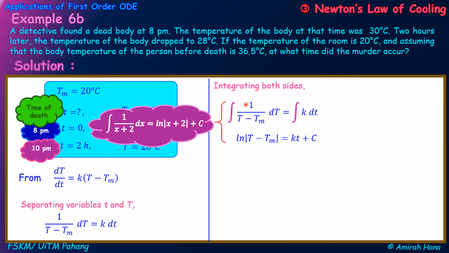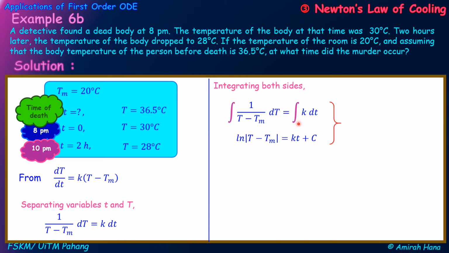So now we have the integration of 1 over temperature minus a constant, which is the temperature of the room. After we integrate using this technique, the answer equals ln modulus T minus Tm, and then plus c, but we just put plus c on one side only. And then equals the integration of the right-hand side, we can refer to this.